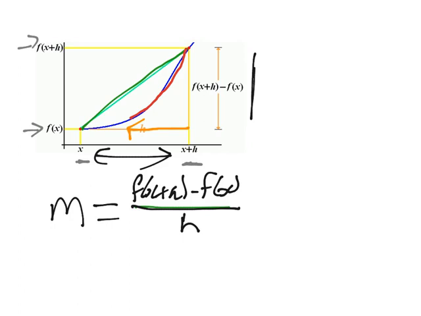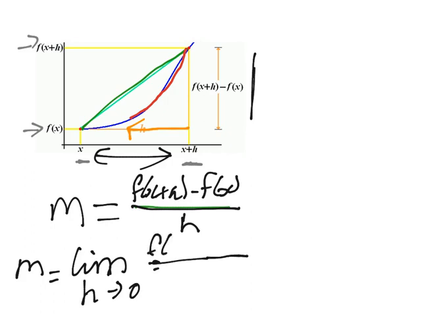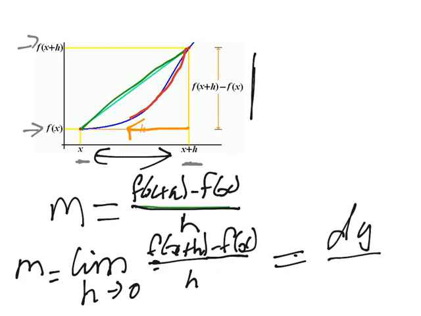So what we've actually got is the gradient is the limit as h tends to 0 of f of x plus h minus f of x, all over h. And in calculus that is called dy by dx. Alright, so that's a brief rundown on your calculus.